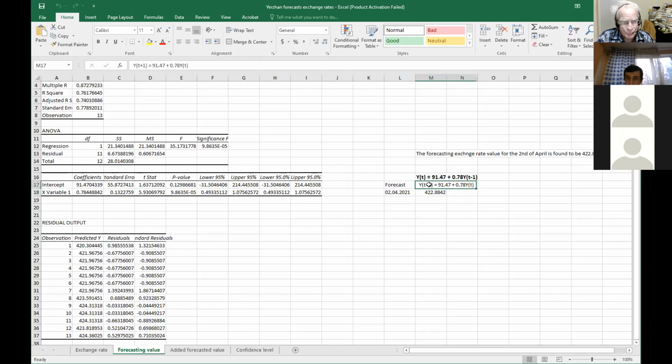Okay, good. So in the forecast, you inserted for the lag the value of the exchange rate today into the model, and that's it. Yes.